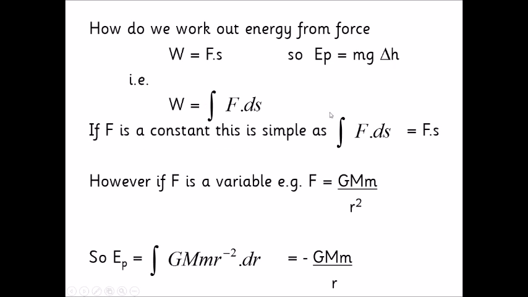If f is a constant, then that's just fs. But if f is variable, which we now know it is, we know f is GMm over r squared. So it's the integral of GMm over r squared dr, with respect to the distance away from the planet or the star, and the integral of r to the minus 2 is minus r to the minus 1, so you end up with this equation. I've missed out a plus c because we're going to put some limits in it in a minute.